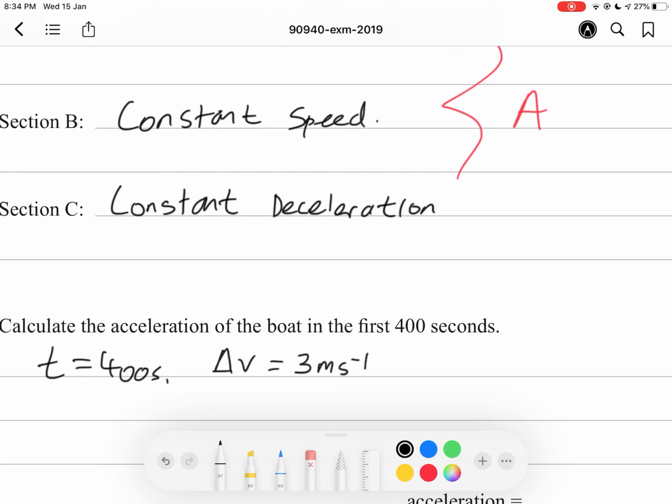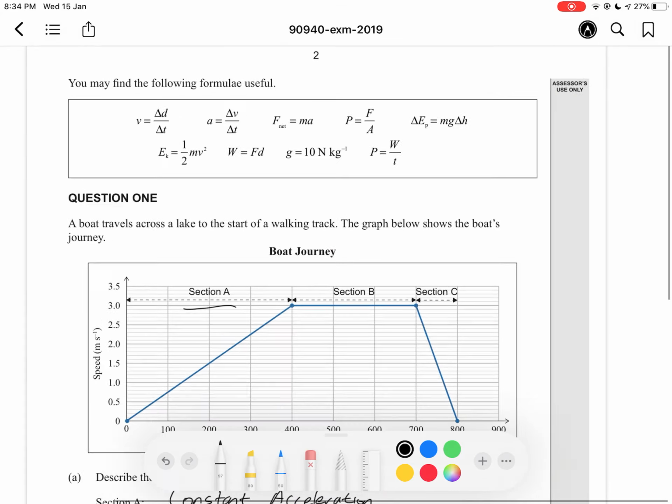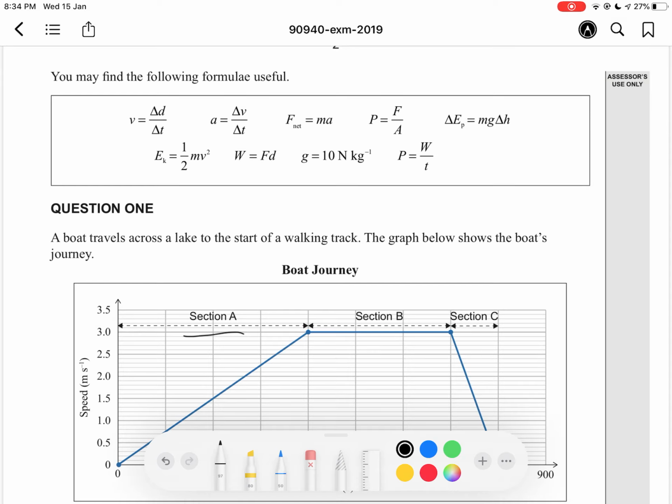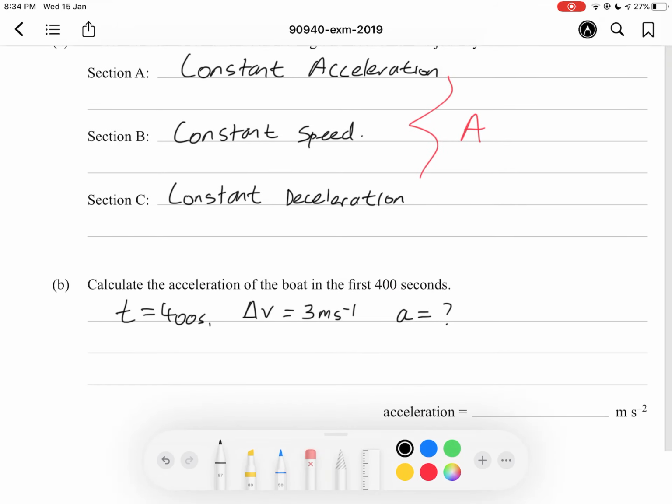Now we're trying to find the acceleration. As you can see in the formula sheet on top here, we're going to use acceleration equals change in v over change in t. So acceleration equals 3 divided by 400, so 3 over 400.